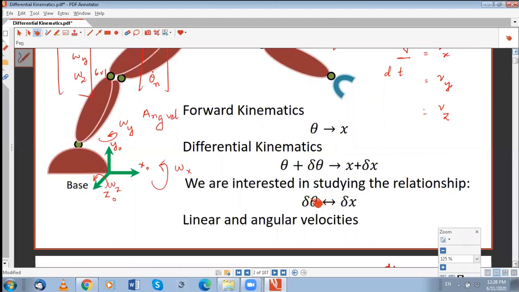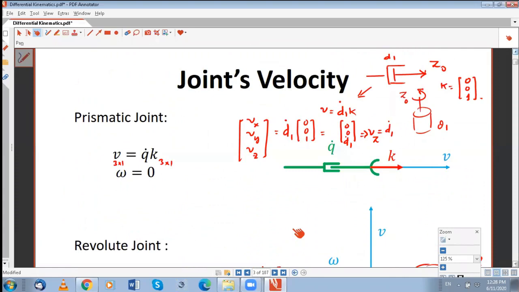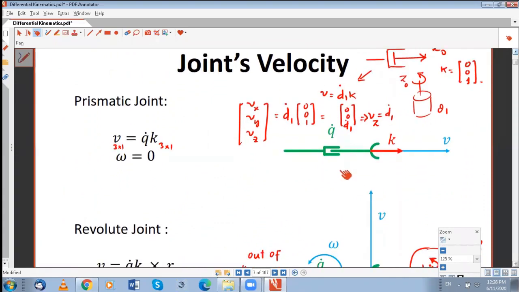Every joint is undergoing some change in angular position, or maybe linear position, and there is a corresponding change at the Cartesian level, at the end effector level. If you divide this by delta t and this by delta t, then you will get linear and angular velocities.